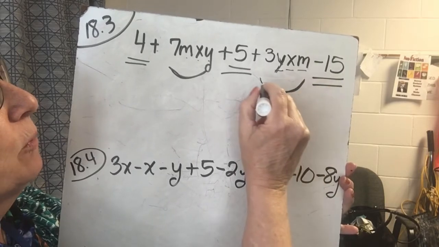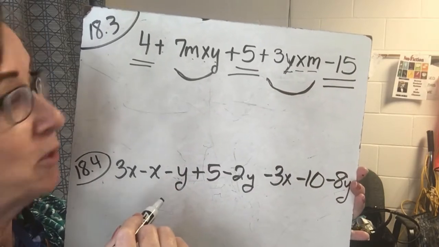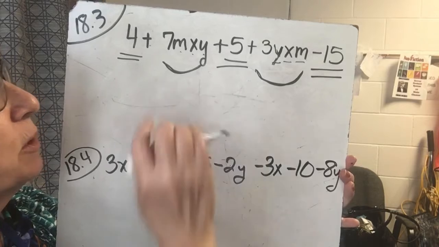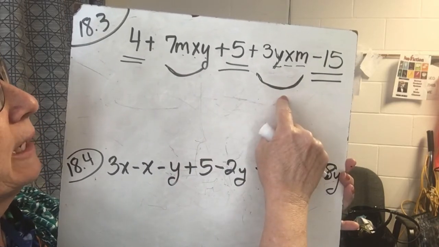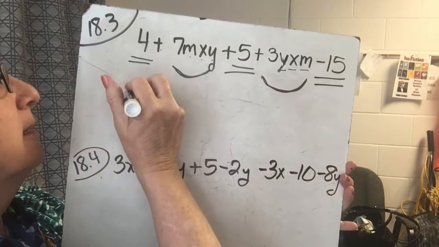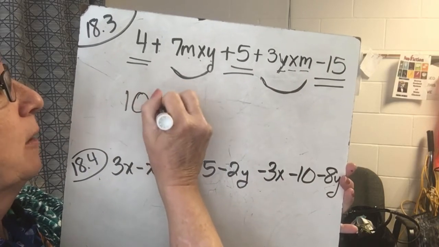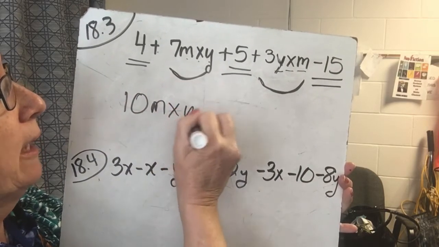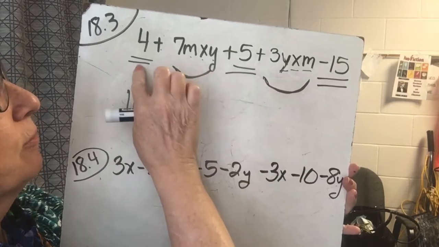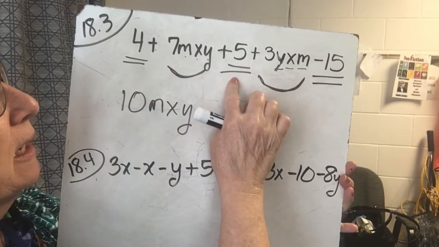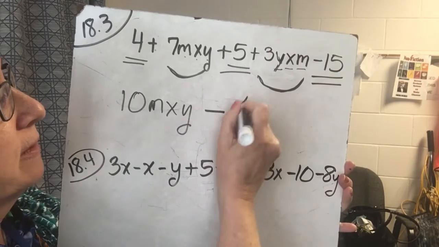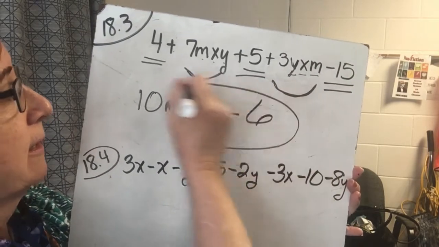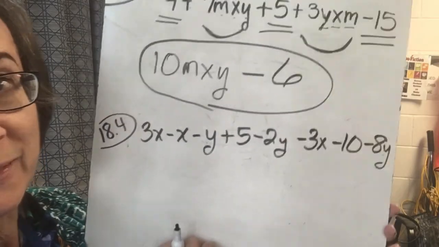So even though the order is different, they are the same term, aren't they? So let's group these together. 7 and a positive 3 will be 10mxy. And then 4 plus 5 is 9. Take away 15 is negative 6. And it looks much simpler, doesn't it?